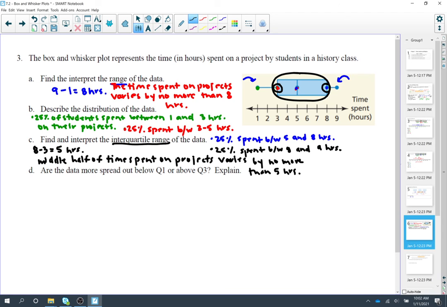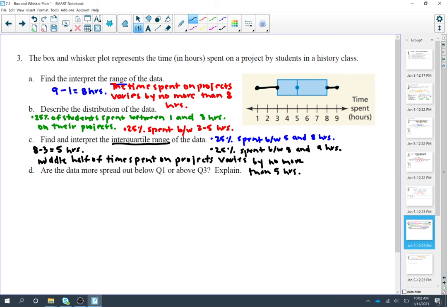Part D, are the data more spread out below Q1 or above Q3? And then explain. Well, take a look at below Q1. That would be from 3 to 1. Look at above Q3. That would be 8 to 9. Well, which ones are more spread out?